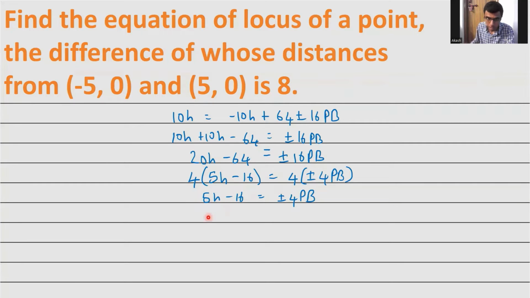Now I'm going to square on both sides again. (5H minus 16) whole square is equal to plus or minus 4 PB whole square. Let me show you this step clearly so that you can understand what exactly is happening.